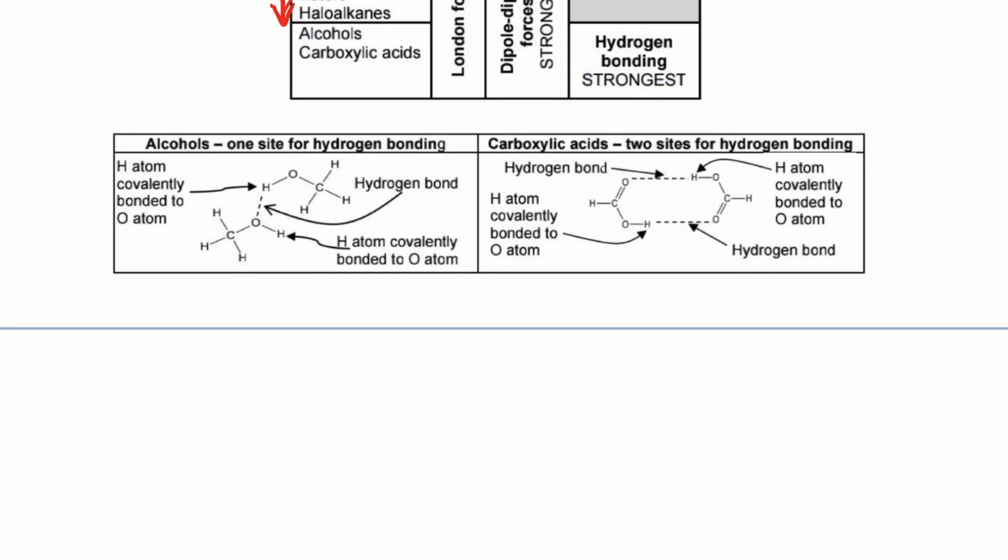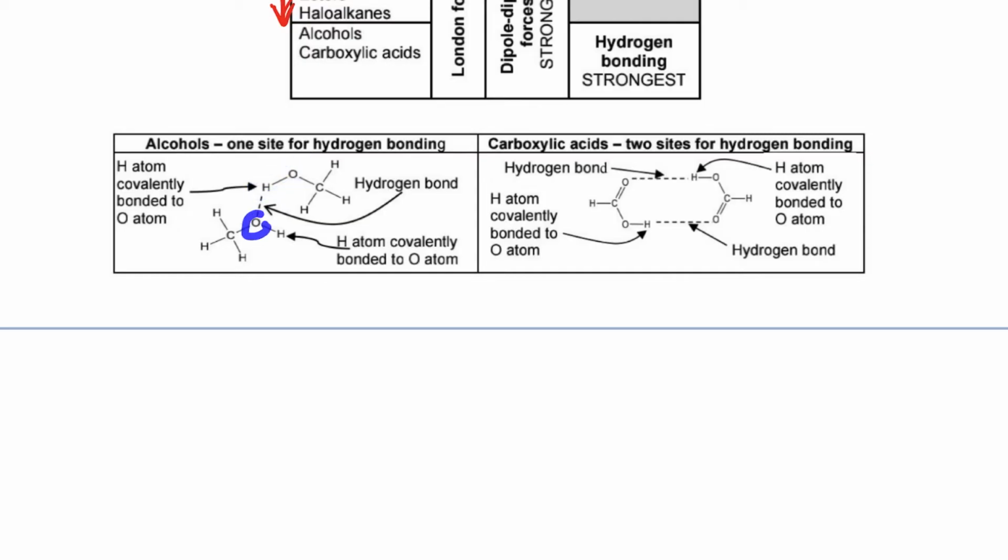Here's the explanation of the difference in those hydrogen bonding. If you look at this one, it's alcohol. Alcohol has one side for hydrogen bonding. Here's an alcohol molecule, and here's another alcohol compound, right? In alcohol there's an OH, and in that compound there's an OH.